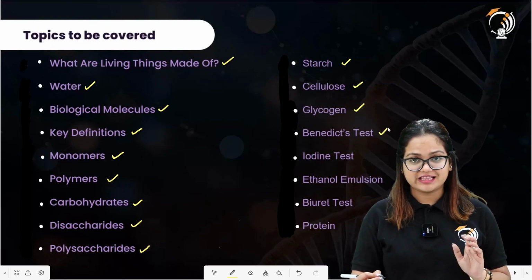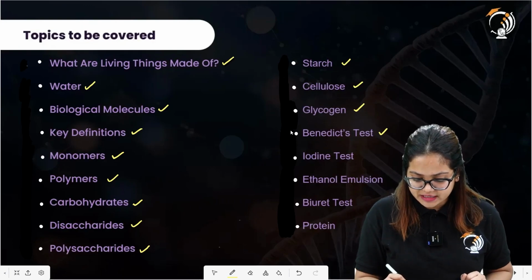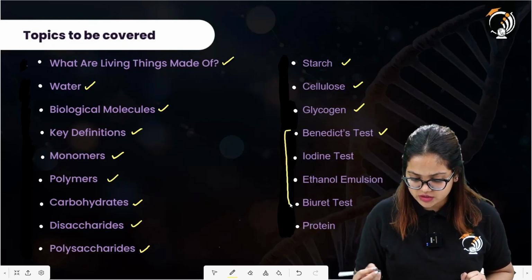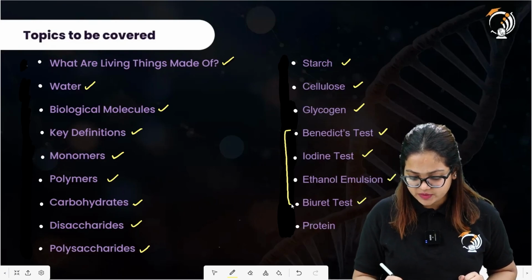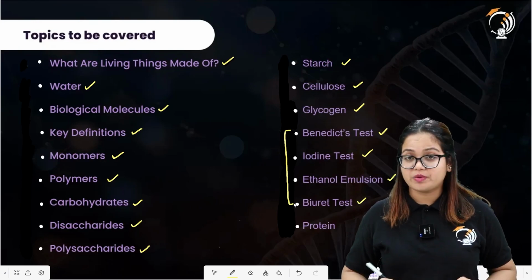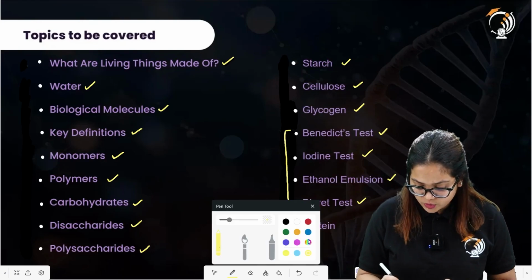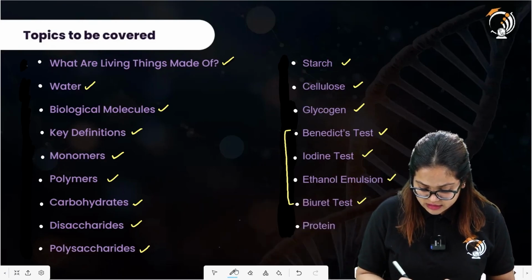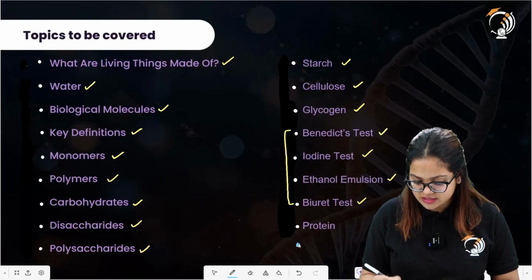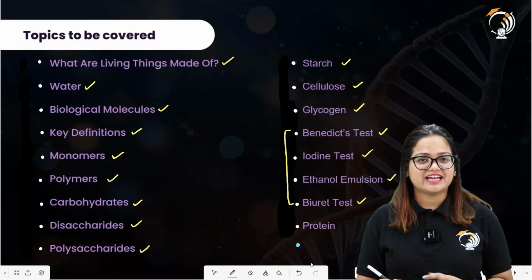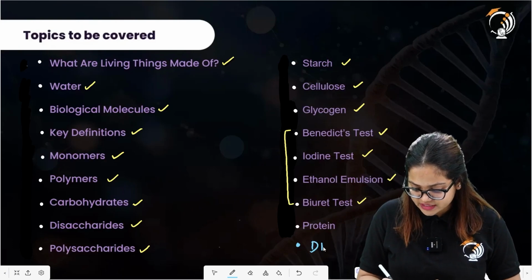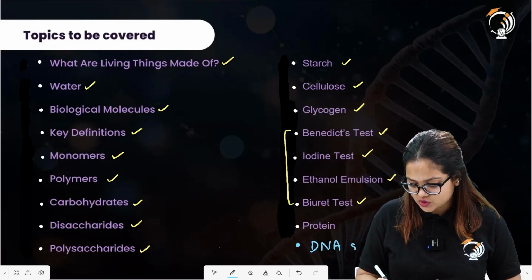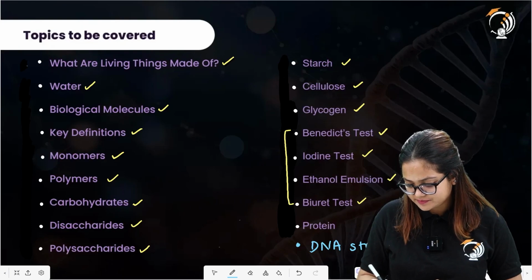These are the list of biochemical tests: the Benedict test, the iodine test, the ethanol emulsion test, and the biuret test, and then we will also talk about protein. Those of you who are studying the supplement of the syllabus will also be able to develop an understanding about the structure of DNA as well.